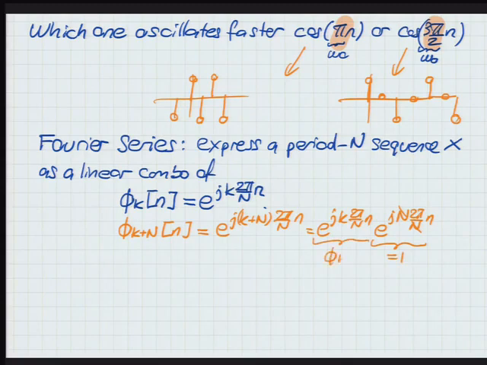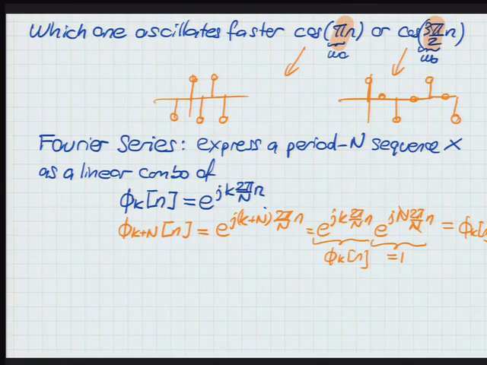This is phi k of n, right? So you come back to phi k of n if you advance the index by capital N. So these functions are actually periodic themselves in their index k. Okay, so if the period is, say, 6, phi sub 0 is the same as phi sub 6, same as phi sub 12, phi sub 1 is the same as phi sub 7, and all that stuff, right?